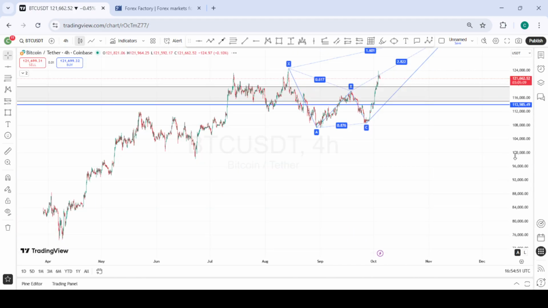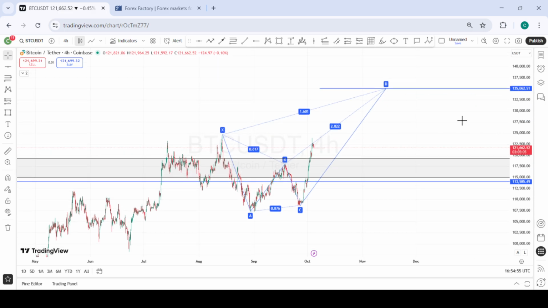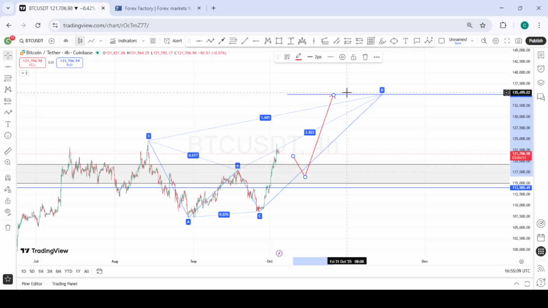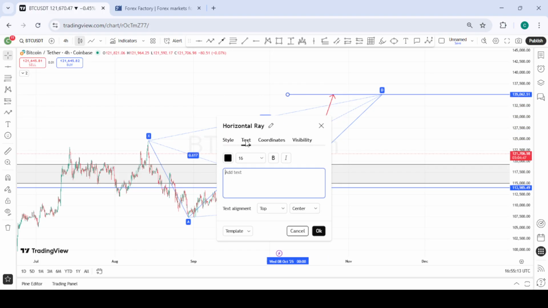Then we'll look forward to a pullback into this zone, around 120, 117,000. Then we look for buying opportunities from here to complete this potential crab pattern to see BTC create a new all-time high at 135,000 per BTC.